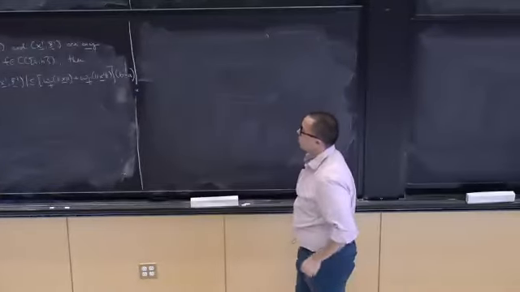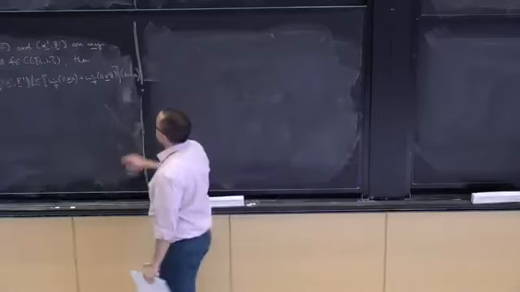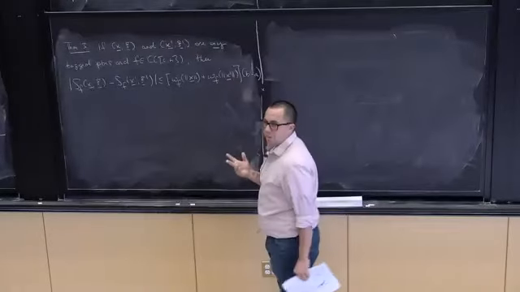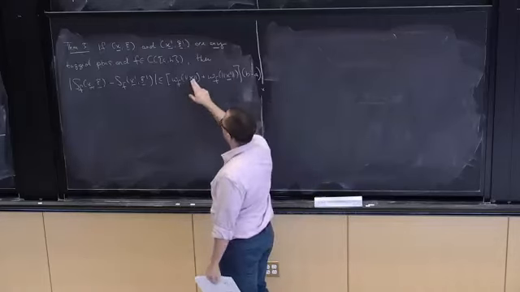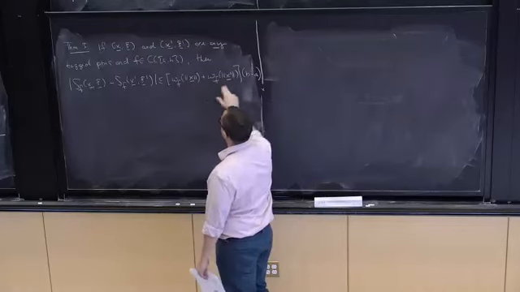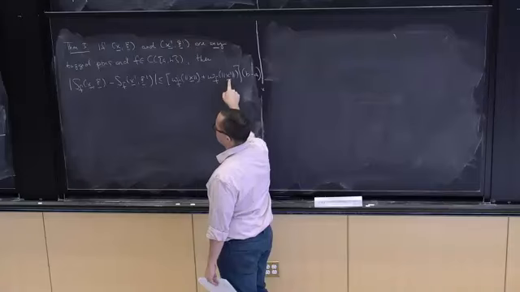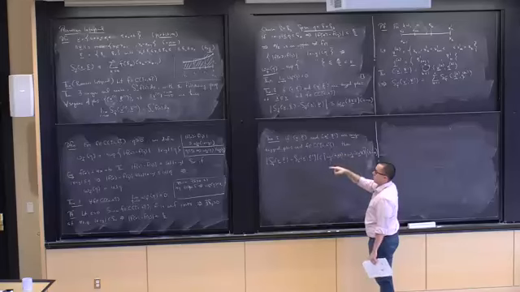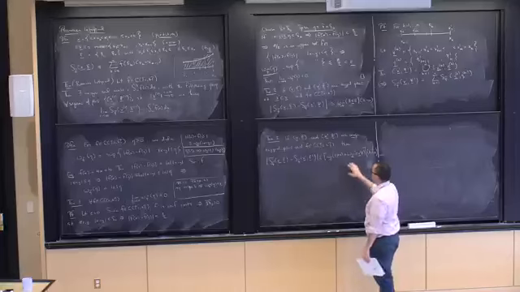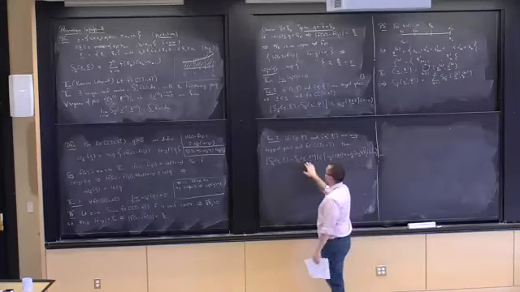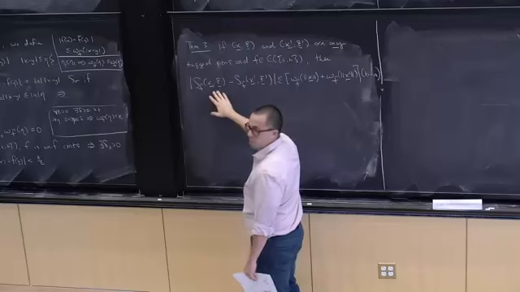Okay, so what does this say? This says that if I take two very fine partitions, so that the norms are very small and therefore the modulus of continuity evaluated at these norms is small, and remember, the modulus of continuity converges to 0 as the argument goes to 0, then the Riemann sums are very close together.